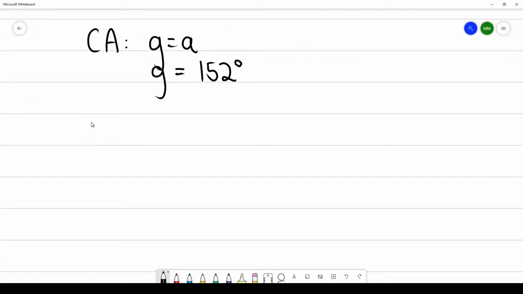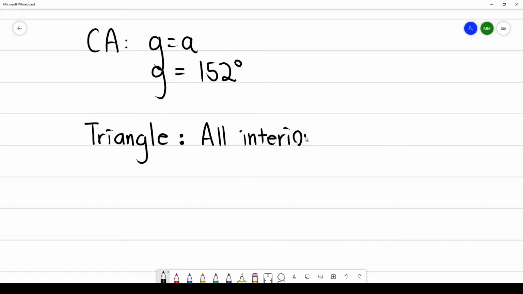the triangle. So this is a bit harder. Actually, I would say it's a lot harder. So a theorem of triangle, so is that all interior angles. Wait, no. What am I doing?